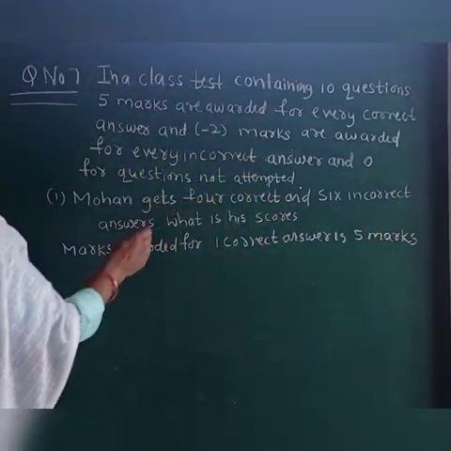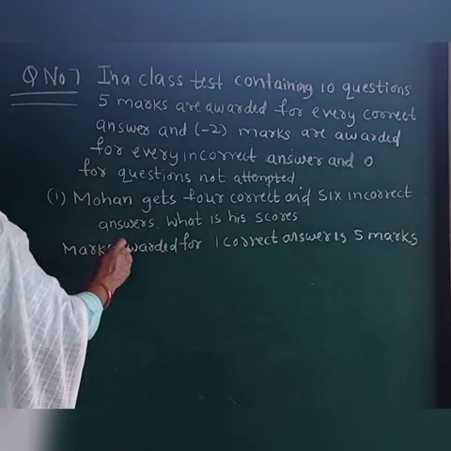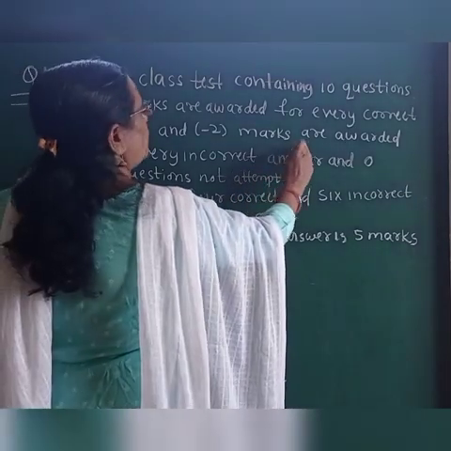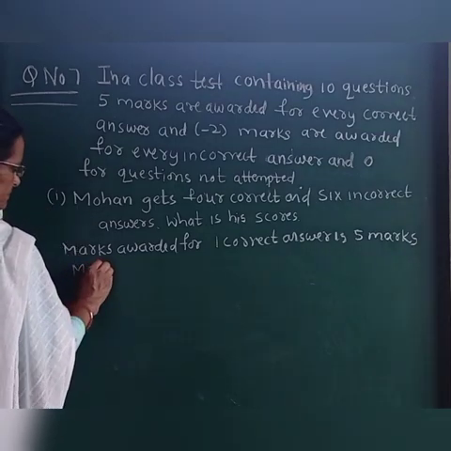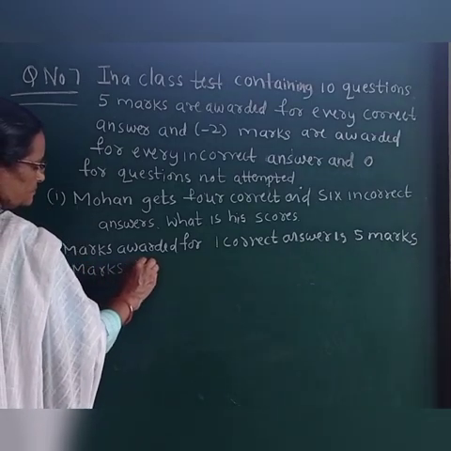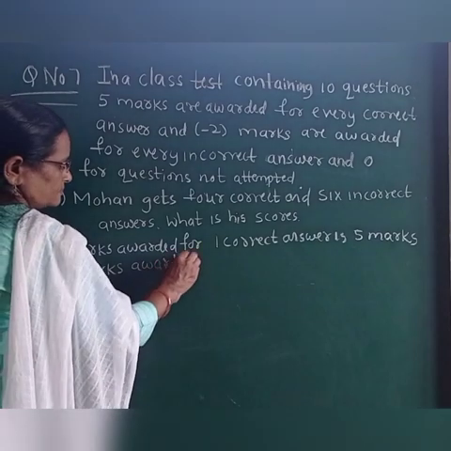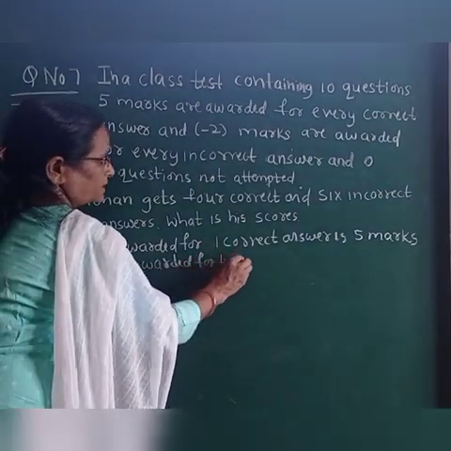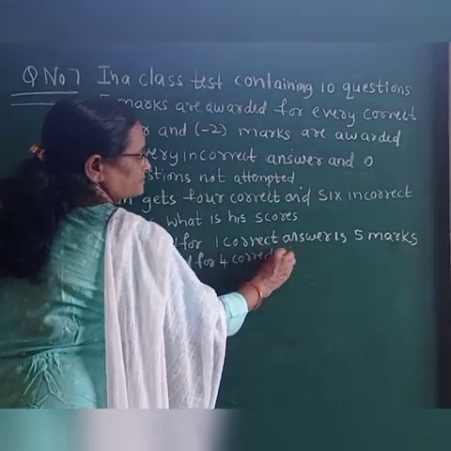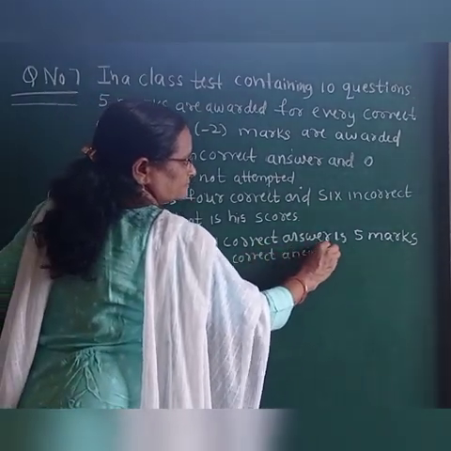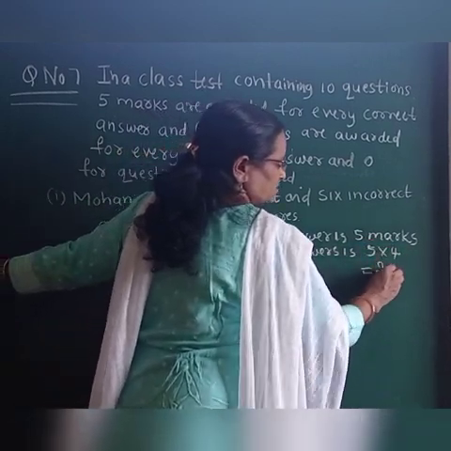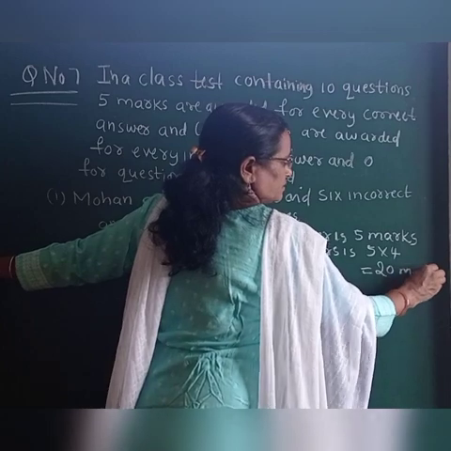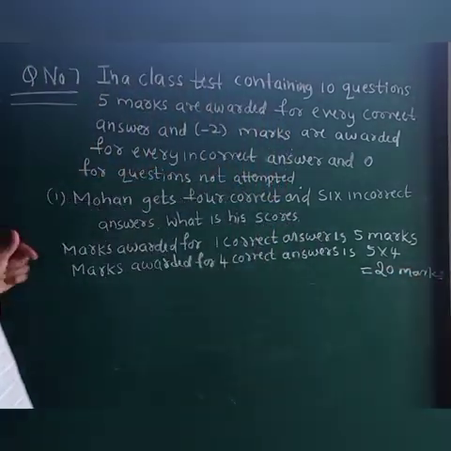Now Mohan wrote how many correct answers? Mohan wrote 4 correct answers. So marks awarded for 4 correct answers is 5 into 4. How many marks? 20 marks he got.